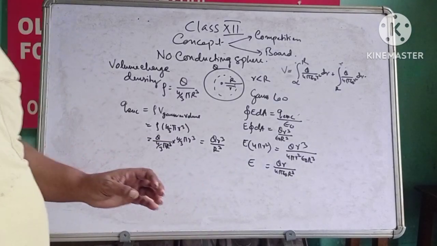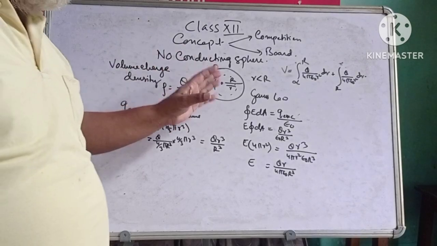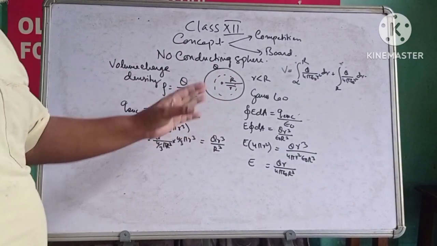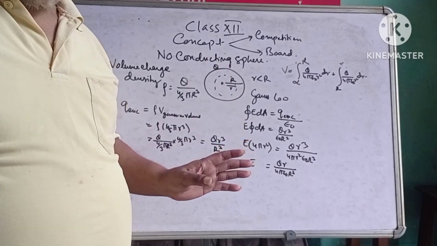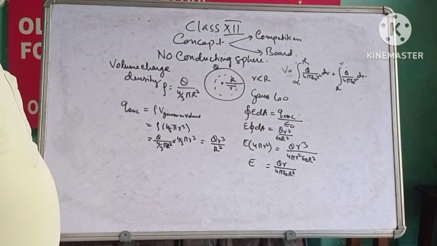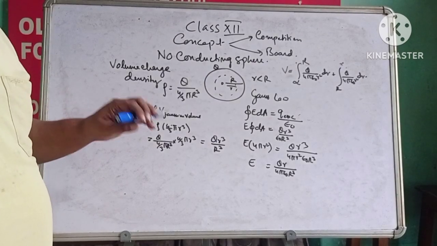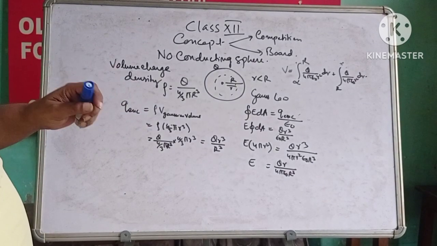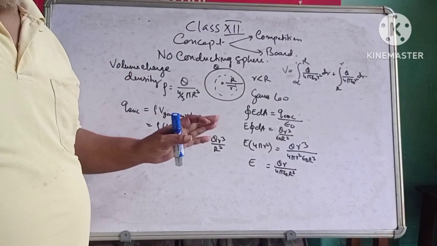See the difference. But in case of a non-conducting sphere, you have electric field inside the sphere as well as you have potential inside the sphere. So see, this is the difference, and why I want to tell you is that it will help you to solve the problems, and it will help you understand the main concept.